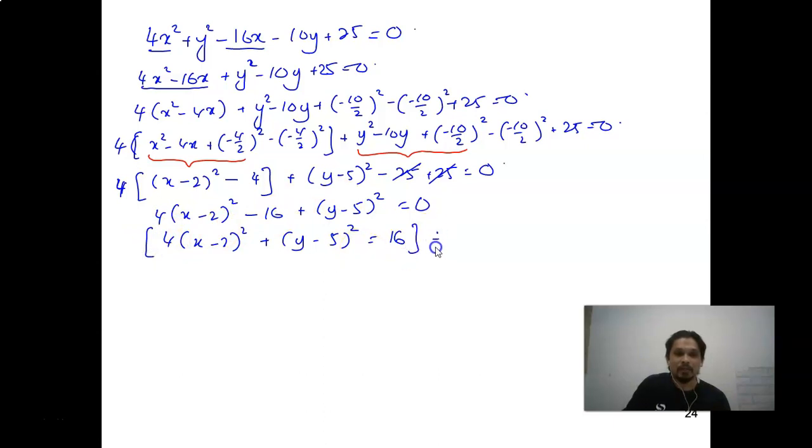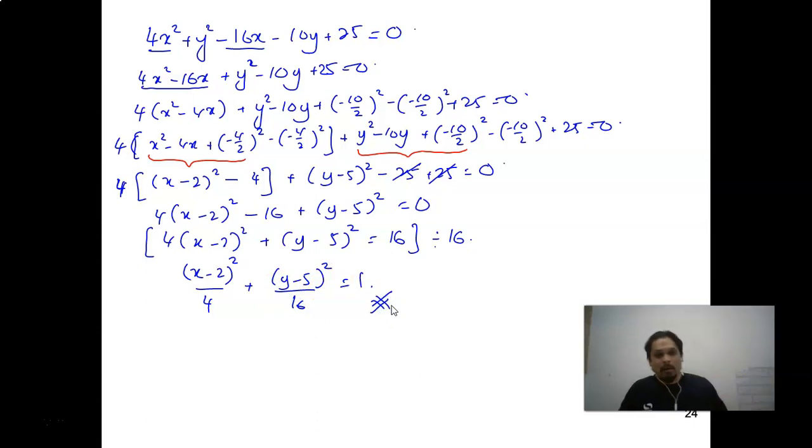Left and right, we divide everything by 16. So 4 divided by 16, it is (x minus 2) squared divided by 4, plus (y minus 5) squared divided by 16 equals 1. There you go.